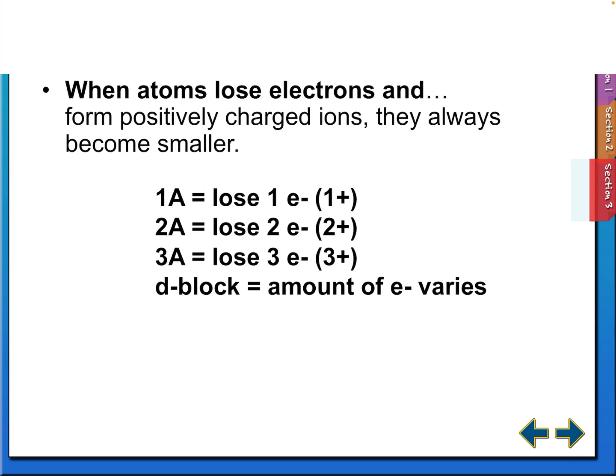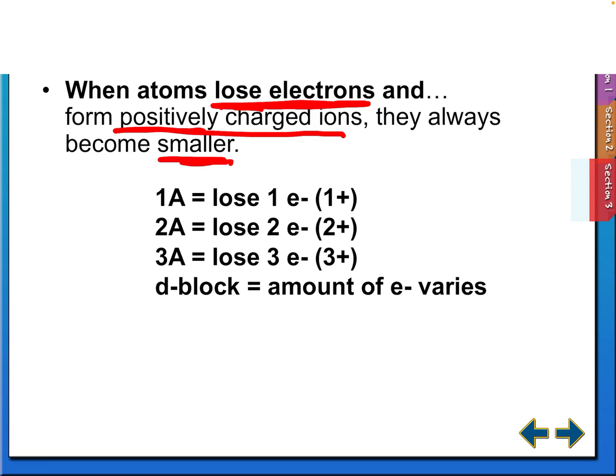When an atom loses electrons, so when they get rid of their electrons, they form positively charged ions, and they always become smaller. If you're giving away your electrons, it's kind of like losing weight: you become smaller.